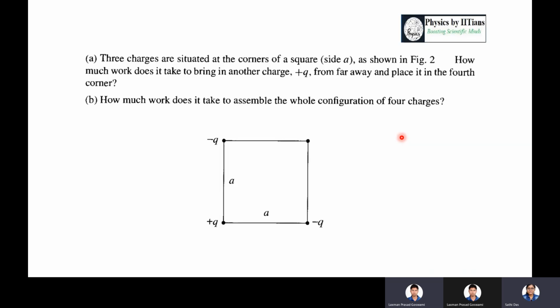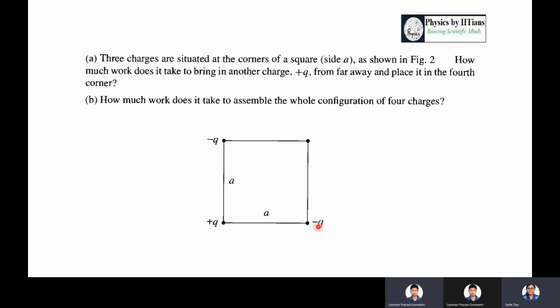Earlier we discussed the work done, or the electrostatic potential energy. So this is an example of this kind of question: three charges are situated at the corners of a square, each side having length a, as shown in this figure. How much work does it take to bring in another charge, that is plus q, from far away and place it in the fourth corner?